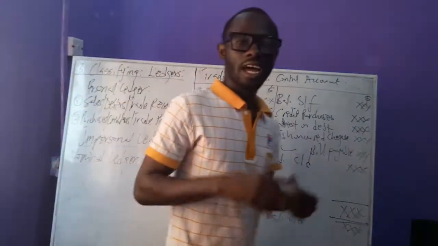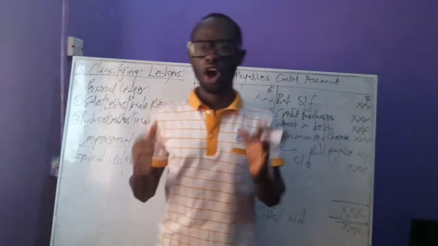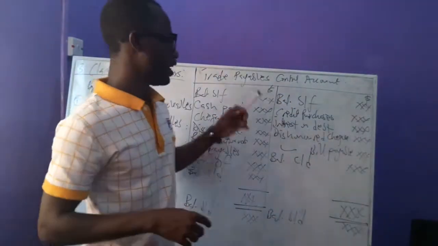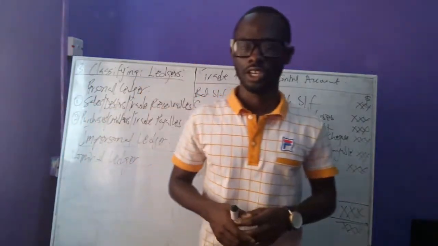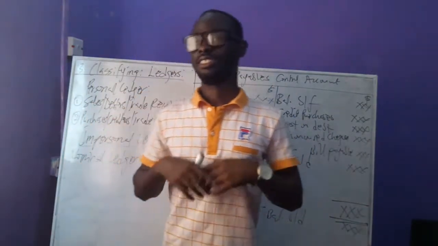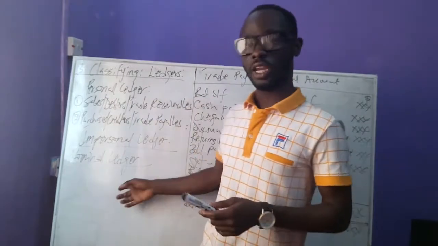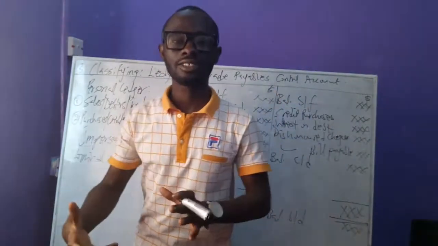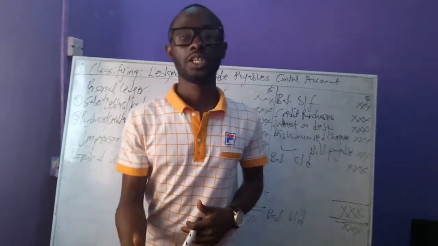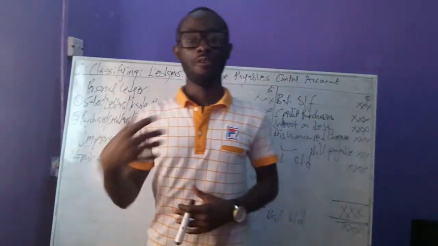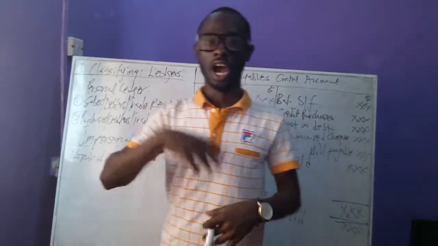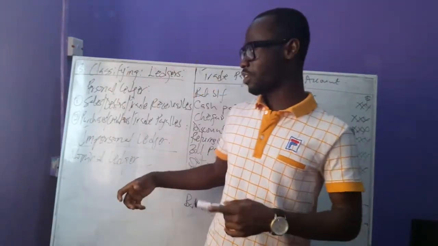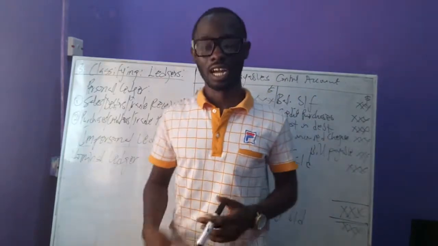Now, the nominal ledger records all other transactions that are not recorded in the sales and the purchases ledgers. So things such as discount received account, discount allowed account, sales account, purchases account, return inwards account, return outwards account, assets bought on credit, or asset account, all go in the nominal ledger.